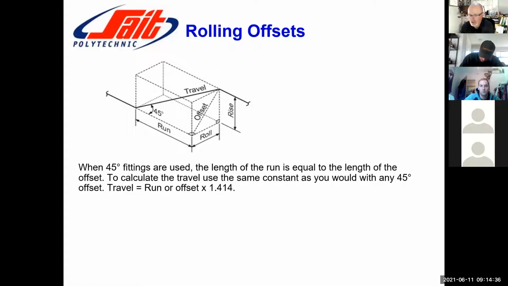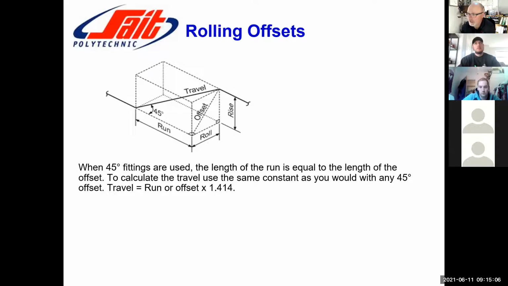The next one we're going to go to is when 45s are used, the length of the run is equal to the length of the offset. This is only for 45-degree rolling offsets. To calculate the travel, we use that same constant as we would any 45-degree offset. We take the run or the offset, and we multiply it by 1.414.